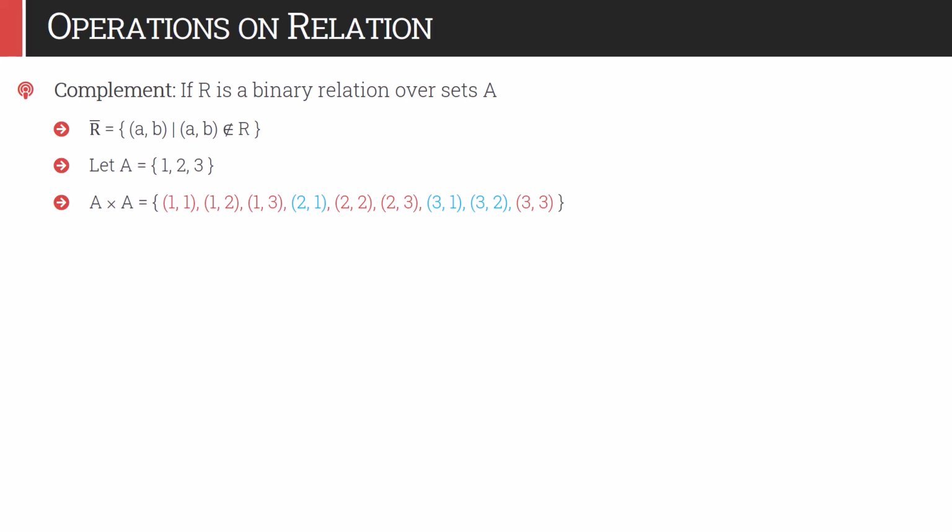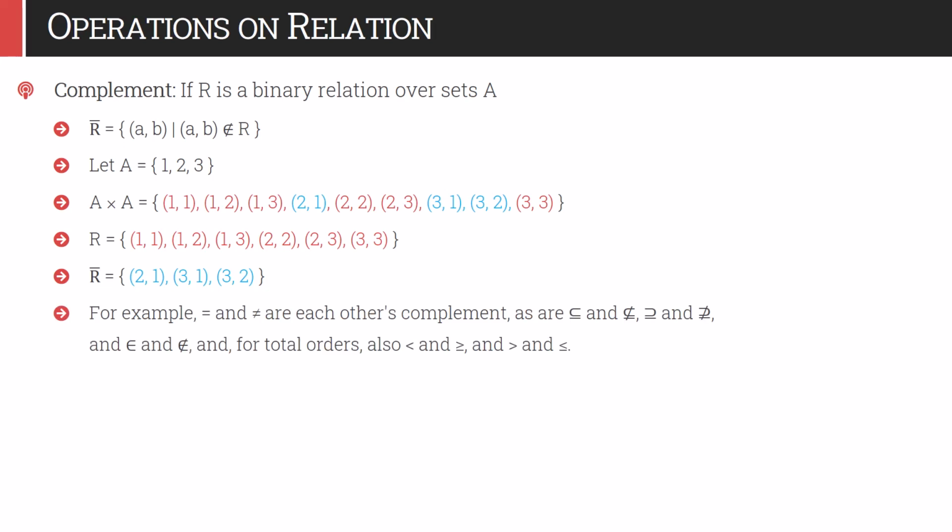And consider that relation R is {(1,1), (1,2), (1,3), (2,2), (2,3), (3,3)}. So the complement of that would be all the elements which are not in R but are in A cross A. If R has these elements, then R bar would be the remaining elements of the Cartesian product of A. So that would be (2,1), (3,1) and (3,2), as highlighted in blue.